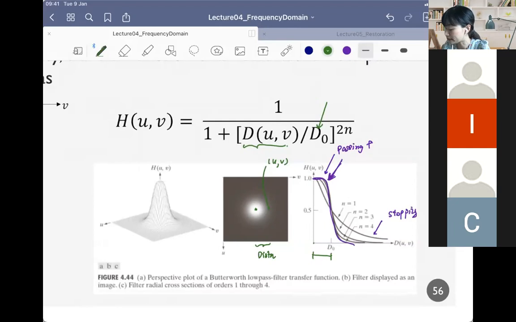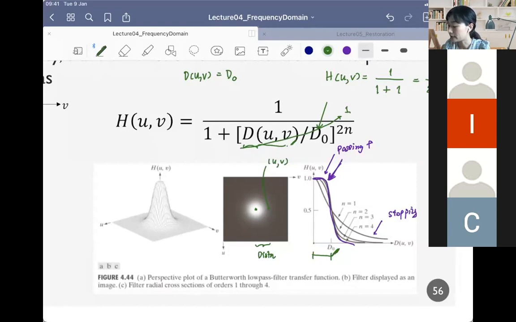So when you select a cutoff frequency, for example, if D(u,v) is equal to the cutoff frequency, this component will give you the value of 1. So your function becomes 1 divided by 1 plus 1, which is equal to 1/2, or 0.5.